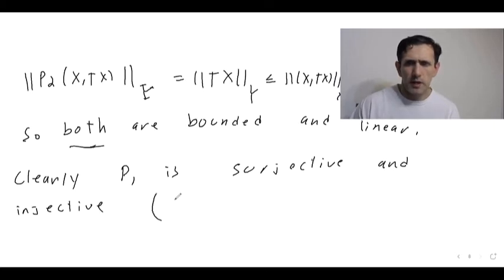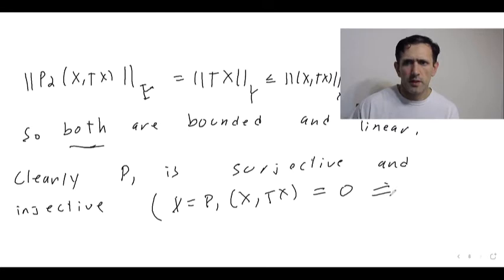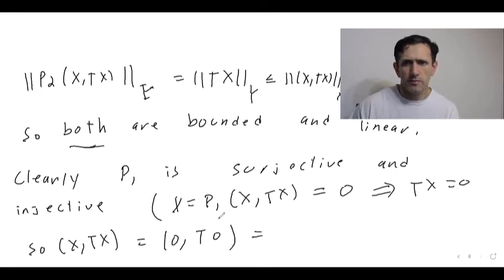That's not too hard to see. It's just linearity. So if P1 of x, tx is 0, well, that implies x is 0, so this is 0, t0. Well, linearity says t0 is 0.